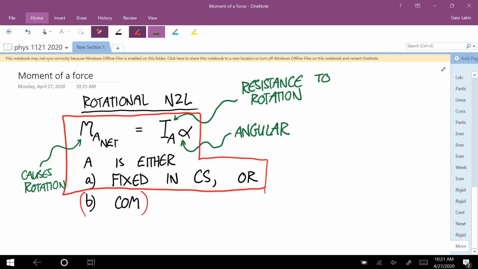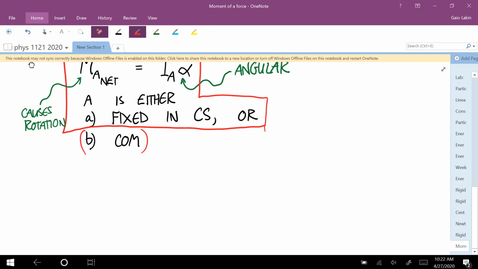Well, we've defined the mass moment of inertia, so we still need to define the moment of a force. And so that's what we're going to do today.